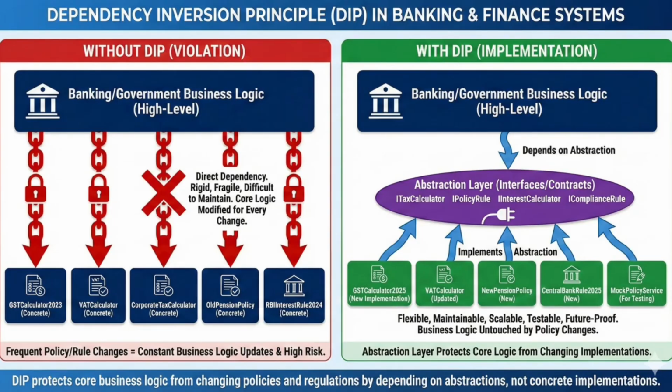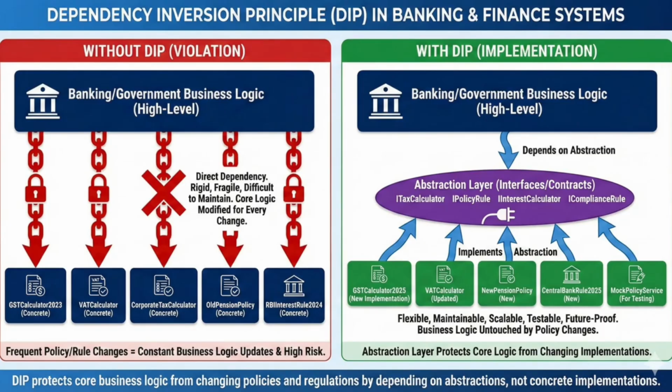If our software is directly dependent on concrete tax calculation classes or specific rule implementations, every small regulation update forces us to modify core business logic again and again. This not only increases development effort, but also increases the risk of bugs, breaking functionality, and compliance issues. This is exactly where the dependency inversion principle becomes incredibly important.